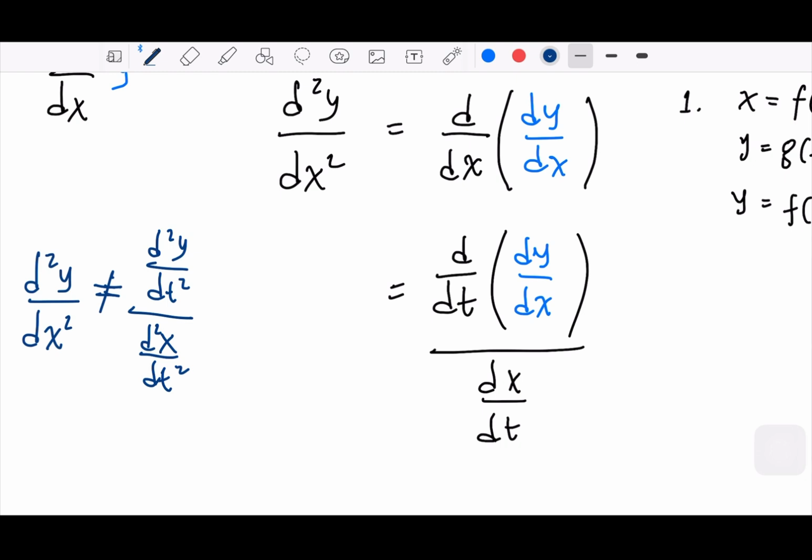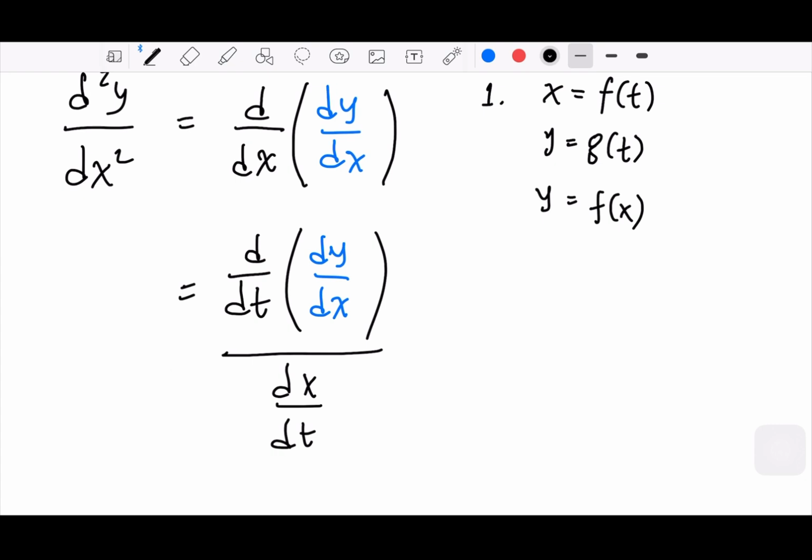Remember that in parametric, we always stick to our chain rule connection, from these terms.